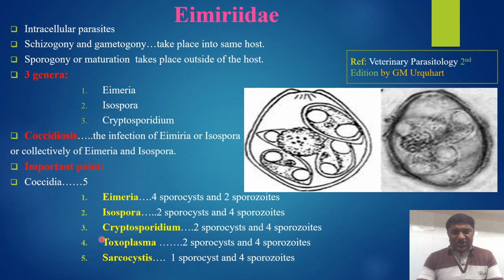Today I would like to share knowledge about Toxoplasma. So keep in mind that Toxoplasma has two sporocysts and four sporozoites, while Sarcocystis has one sporocyst and four sporozoites.